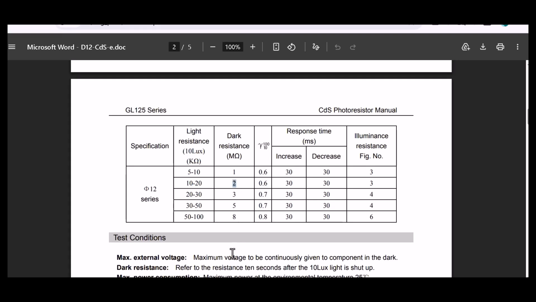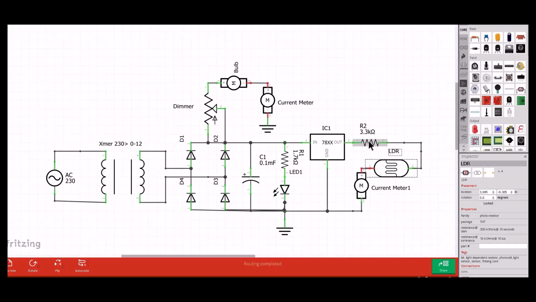According to that you can select the series resistance, and also what kind of bulb you are trying to use, AC or DC. Accordingly you can change this setup. For my setup it is most likely suitable, so I kept these values as they are.